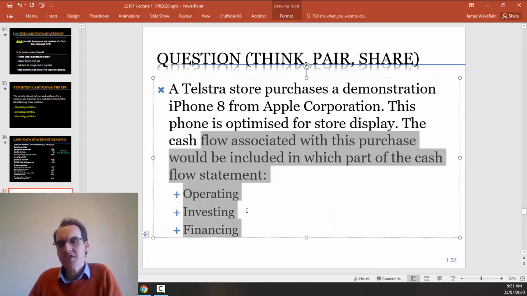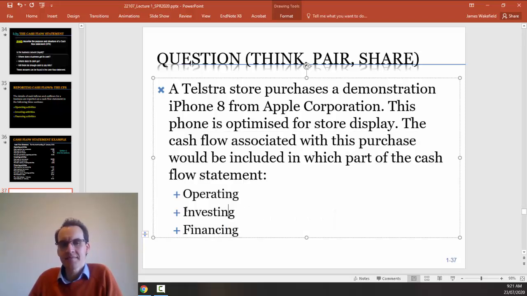Well, the answer in this case is investing, because this phone is not one that's sold to customers. It's one that's used as display. It is one that is used to generate future profit, right? So they are investing in an asset to allow the business to generate a higher degree of profit in the future.